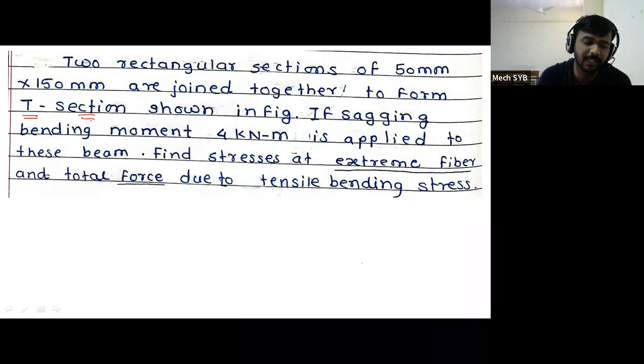That figure is also given, shown in the figure. They have mentioned, if sagging bending moment of 4 kilonewton meter is applied to this beam, find stress at extreme fiber and total force due to tensile bending stress.